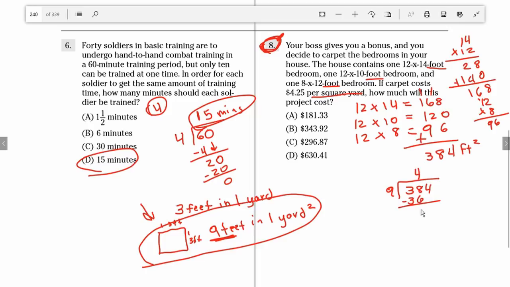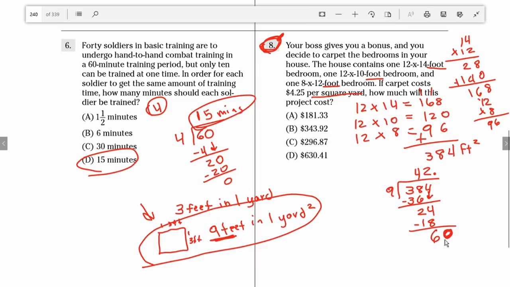Subtract. 38 minus 36 is 2. Drop down this 4. 9 goes into 24 2 times. 9 times 2 is 18. Subtract. 24 minus 18 is 6. Does 9 go into 6? It doesn't, so we have to add a decimal, and when we add that decimal, we have to bring a 0 down.